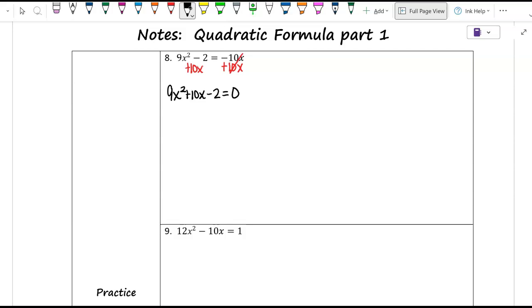And now that I have one side equal to 0, I can identify my a, b, and c. A is going to be 9, b is 10, c is negative 2.